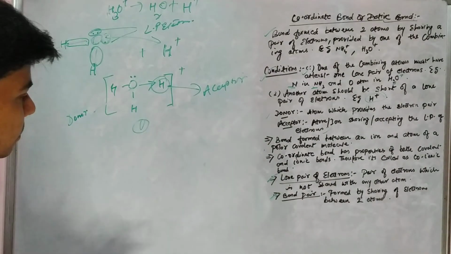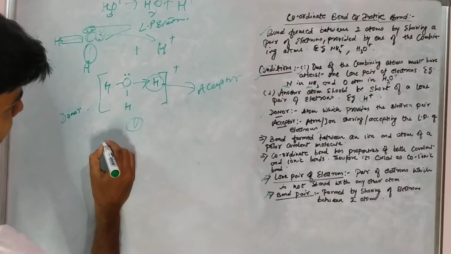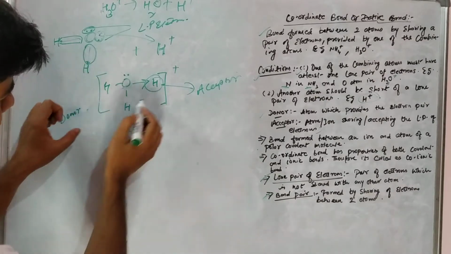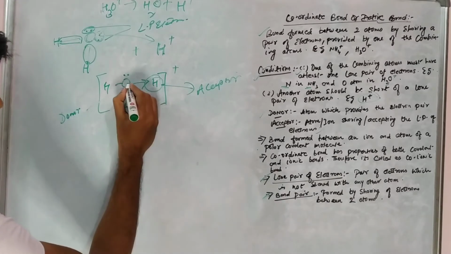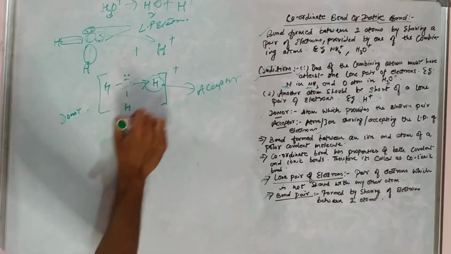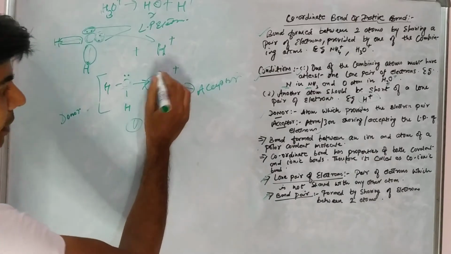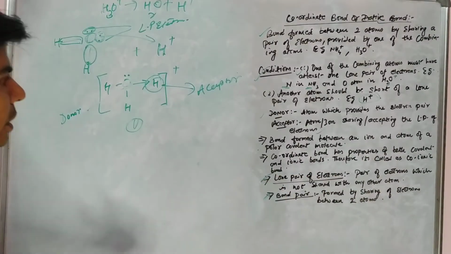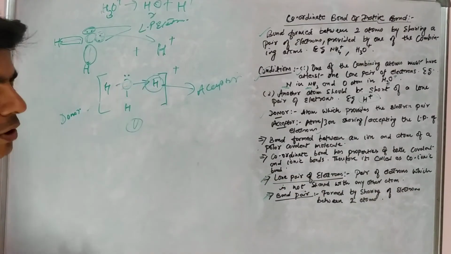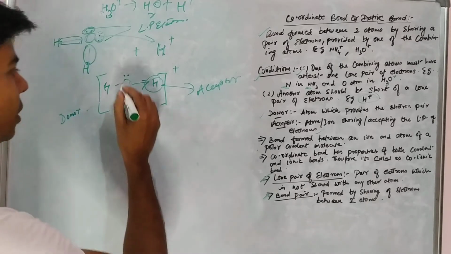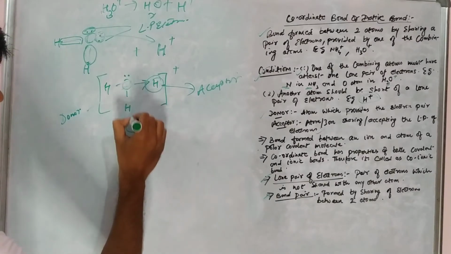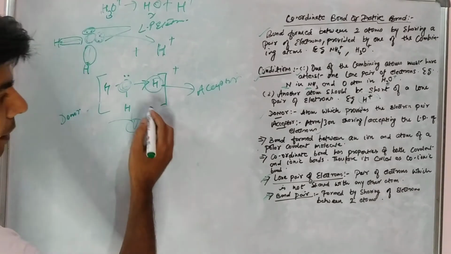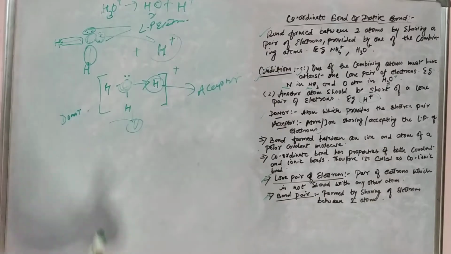Similarly, if we notice both these examples, in case of hydronium ion, this bond is formed between an atom of a polar molecule and an ion, right? Bond formed between an ion and atom of a polar covalent molecule. Here, since we know that water is a polar covalent molecule, oxygen is the atom of a polar covalent molecule, and the ion was this hydrogen ion.